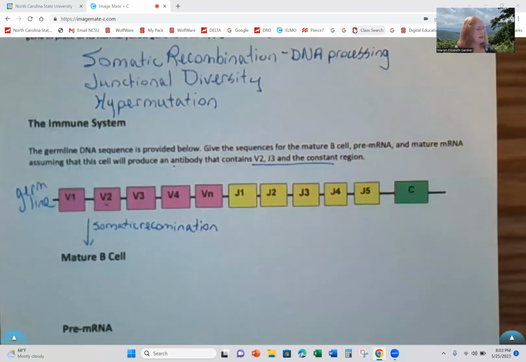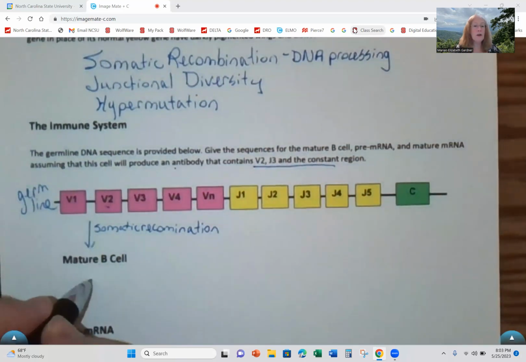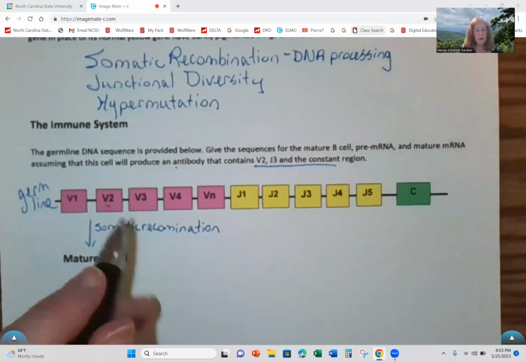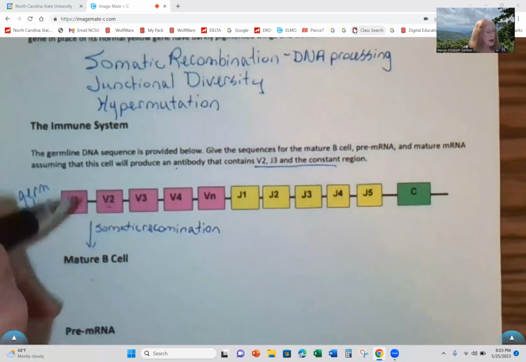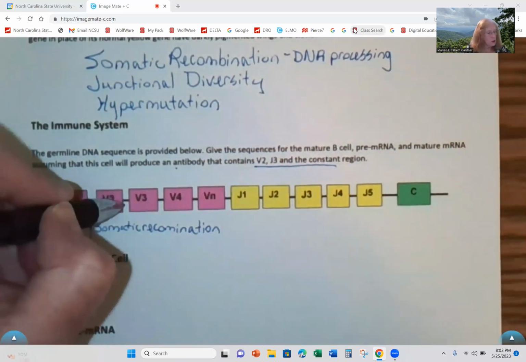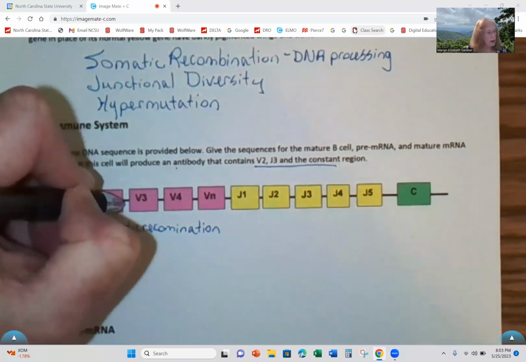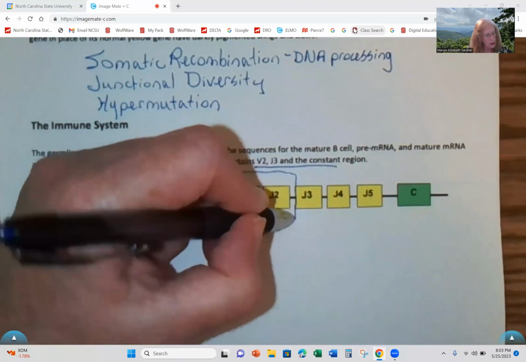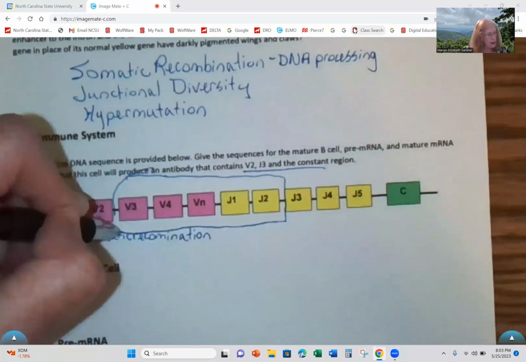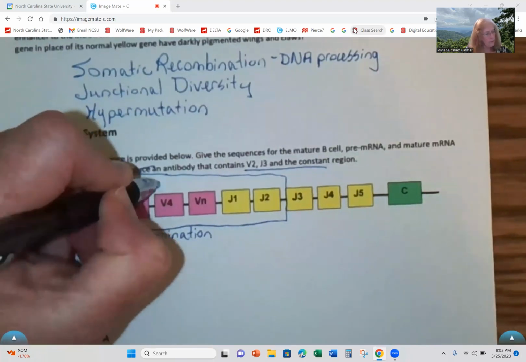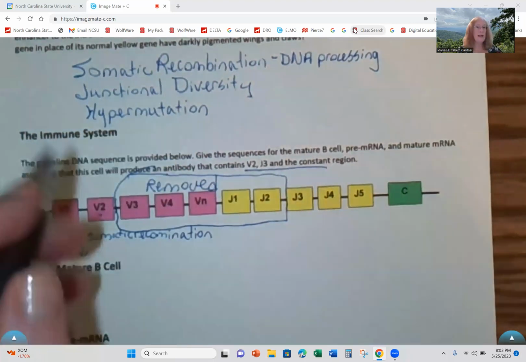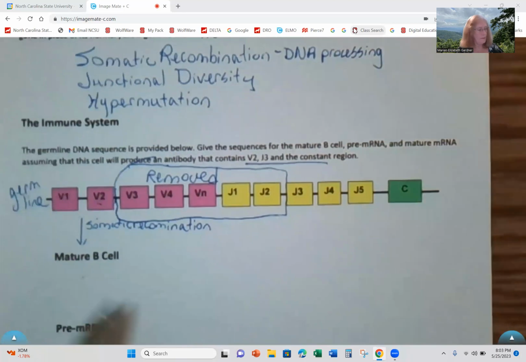The first step is the somatic recombination, and that occurs in the maturation of the B cell. In this particular way, everything that is between V2 and J3, see if I can draw that to here, all that is removed. And that's removed in that somatic recombination.